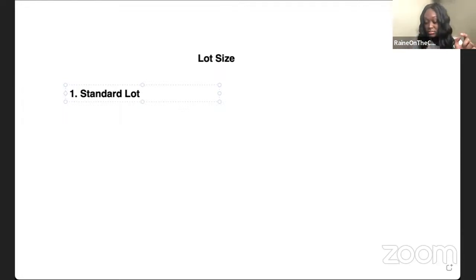All right. So lot size. I'm going to talk about 3 different types of lot size. One is the standard lot. The standard lot size is 1, right?